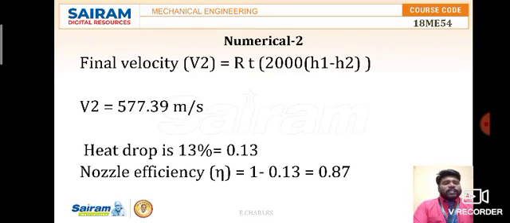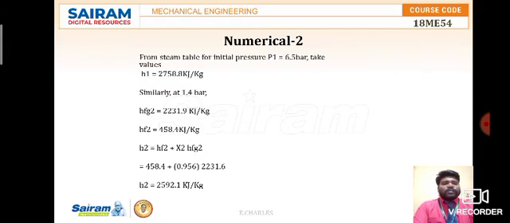It is given as the heat drop that is taken. So how do we get this value of 577.39 meters per second? We take the formula with 2000 into H1, which we already found as 2758.8 kilojoules per kg, and H2 equal to 2592.1 kilojoules per kg.